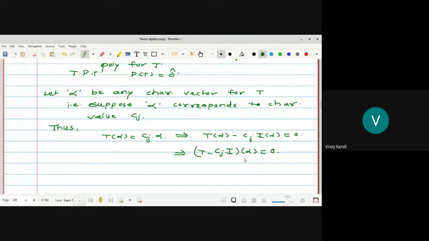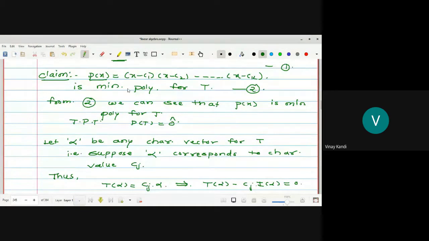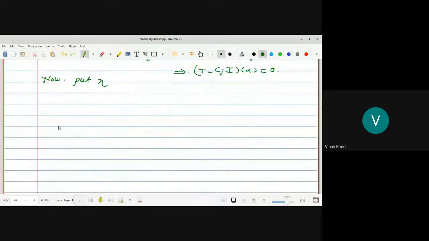Any doubt up to here? If alpha is the characteristic vector for T, and this alpha corresponds to the characteristic value Cj, then T minus Cj I of alpha is equal to 0. Now put x equal to T in equation number 2, this one, p of T. Put x equal to capital T in equation number 2 and apply on alpha.